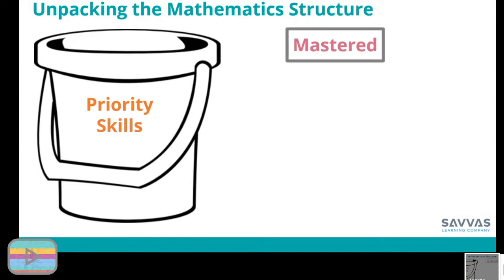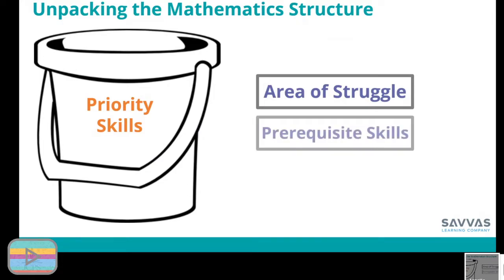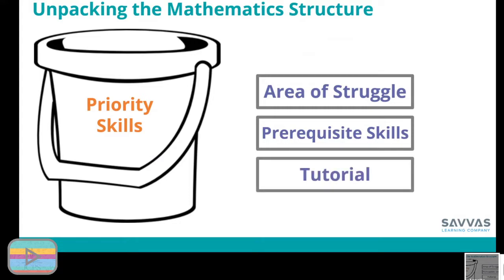If the student exhibits an area of struggle, Success Maker will first determine if there is a struggle point with a prerequisite skill. If so, the questions will be targeted to bolster that missing prerequisite knowledge. If there's no prior skill gap, Success Maker will offer targeted tutorials and then give the opportunity to follow up. Students will then engage in a sequential practice session, not practice of the skill.